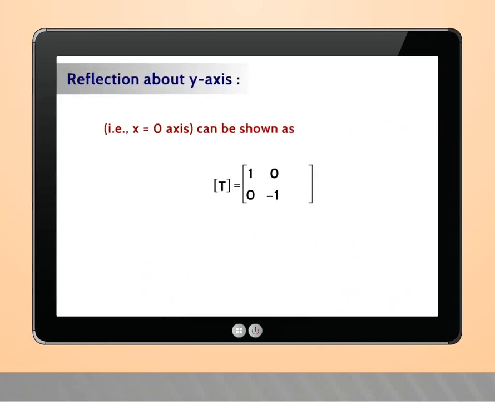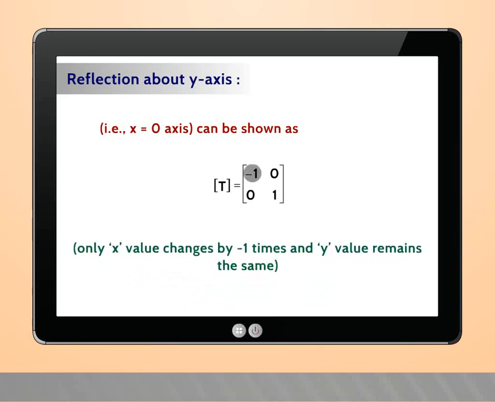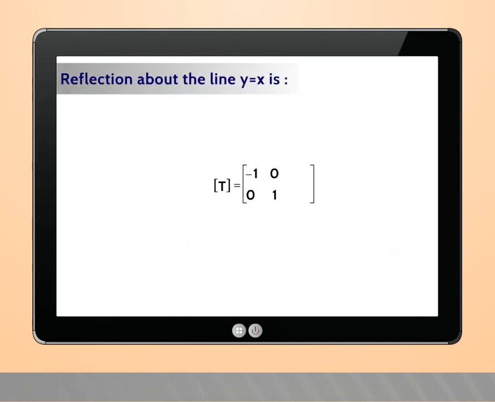Reflection about the y-axis, that is, the x is equal to 0 axis, can be shown as T is equal to the matrix [minus 1 0; 0 1]. Only the x value changes by minus 1 times and the y value remains the same. Reflection about the line y is equal to x is T is equal to the matrix [0 1; 1 0].